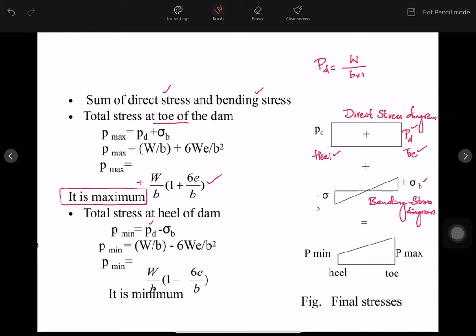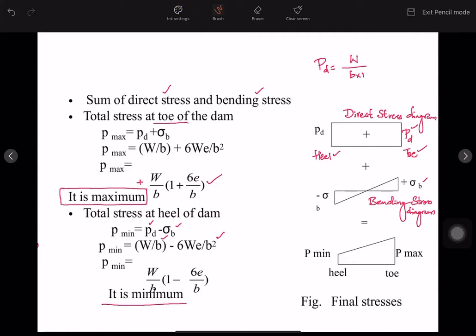So PD minus sigma B, which equals W by B minus 6We by B square. If we take common W by B again, W by B into 1 minus 6e by B, and this particular stress is minimum.